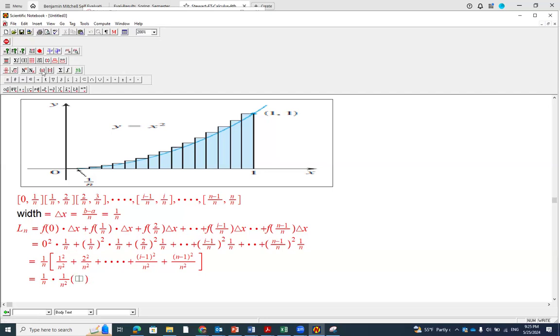So inside the bracket, we have 1 squared plus 2 squared plus 3 squared plus all the way adding to (n minus 1) squared. There. So this will be the approximated area if we approximate from the left endpoints.